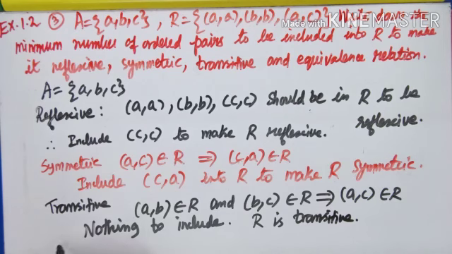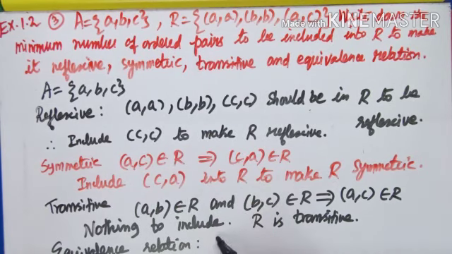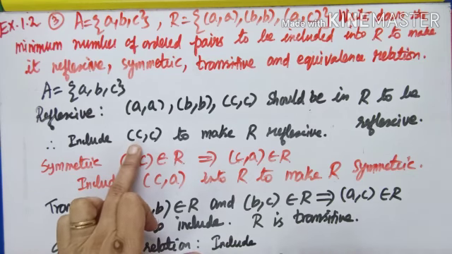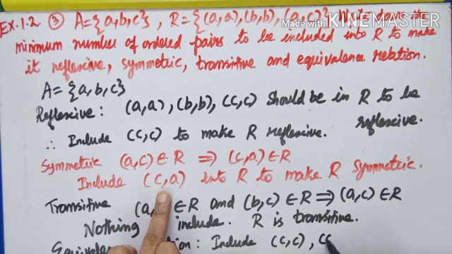The last idea: what all should I include for R to be an equivalence relation? All that is in the subheadings. Reflexive means I must include (c, c). Symmetric, I must include (c, a). Transitive, nothing to include.